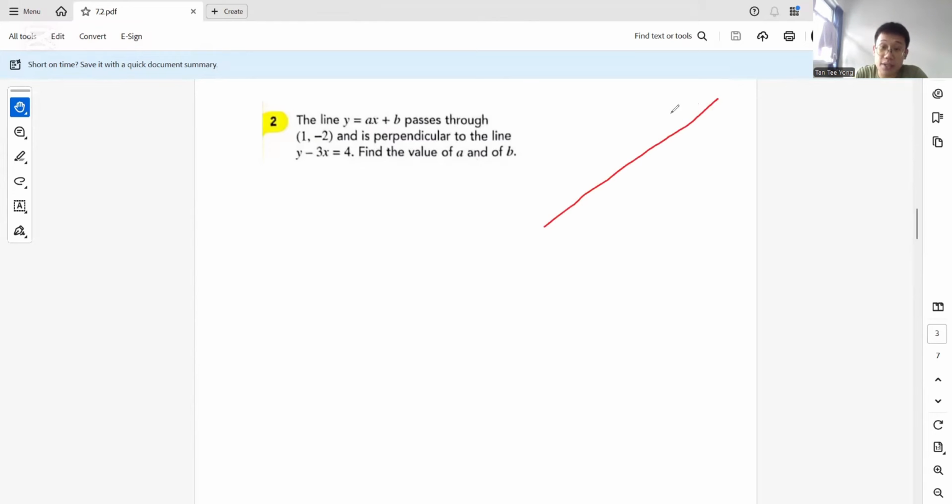Let's say this is y minus 3x equals 4. I'm going to label this as L1. Then I have a line, probably something like that. Ignore that it's not a straight line, because I'm not using a ruler. Let this be L2, which is y equals ax plus b.